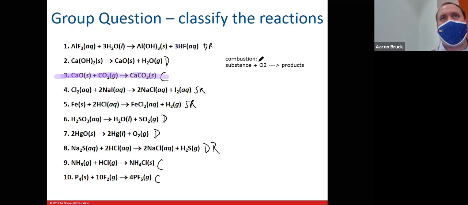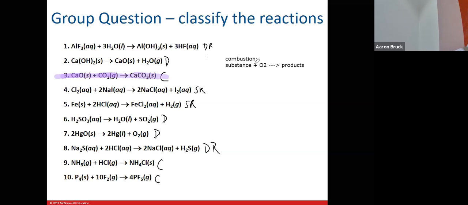Yes, there is calcium, carbon, and oxygen on both sides of the equation, but there's no CO3s in the reactants. There's no O3s. The only thing that's really common is there's a carbon and a calcium on both sides. I really can't even pick that much out as being common.